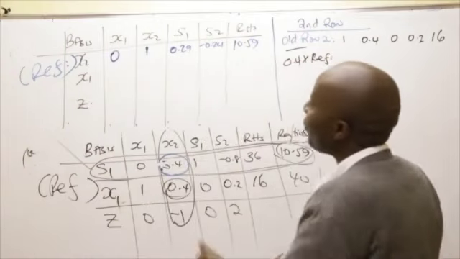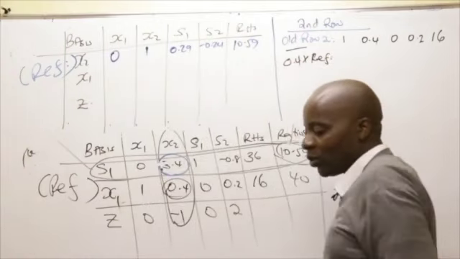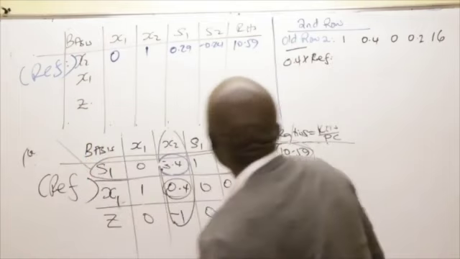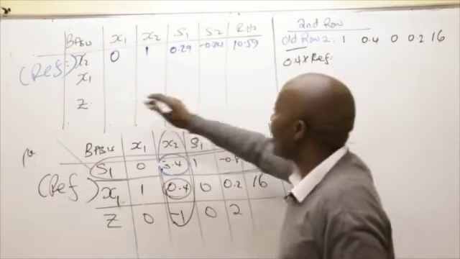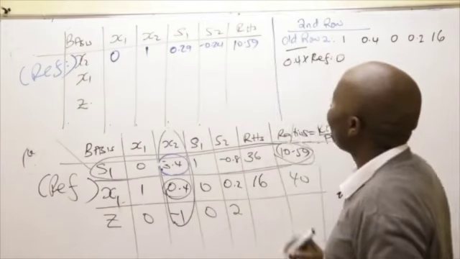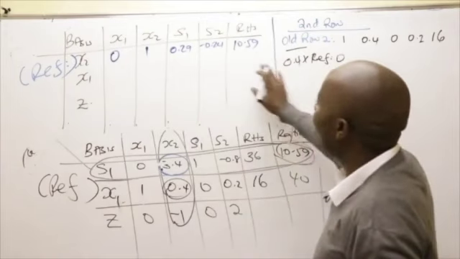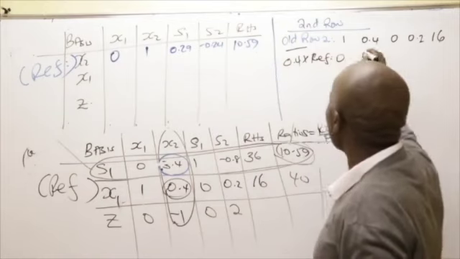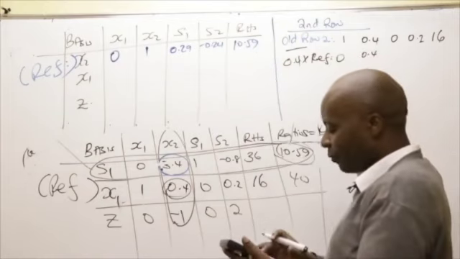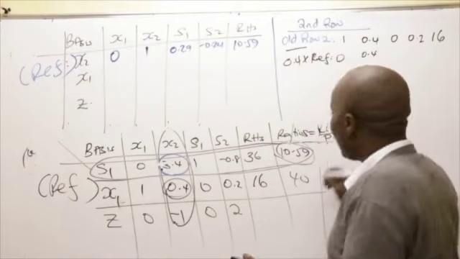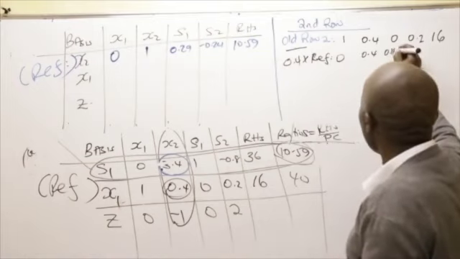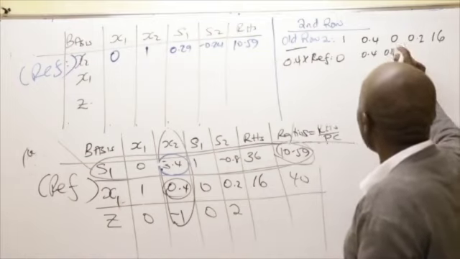The reference for the new table we are constructing, we have its reference. So we have here 0.4 times the reference. 0.4 times the first figure here is 0, so we have 0 there. Then we have 0.4 times 1, which gives us 0.4. And then 0.4 times 0.29, which gives us 0.116, or 0.12 to be consistent, 2 decimal places.